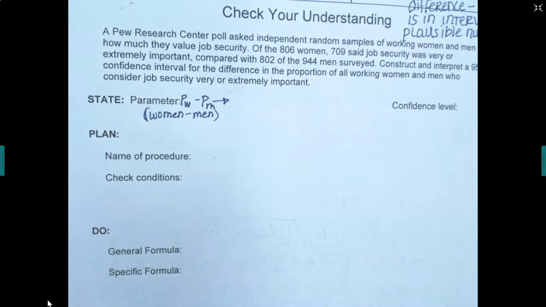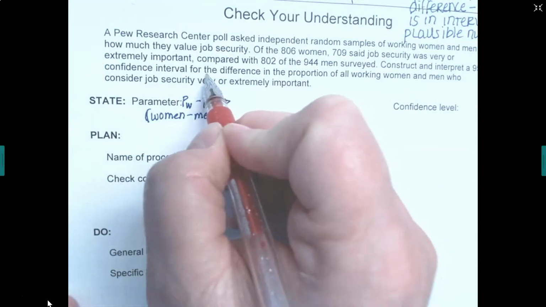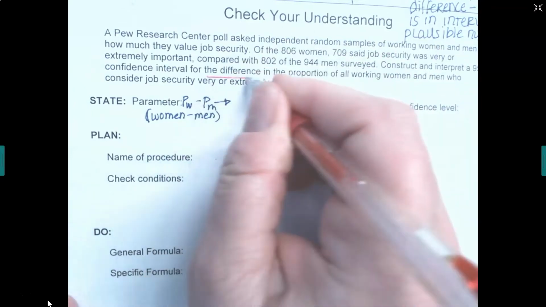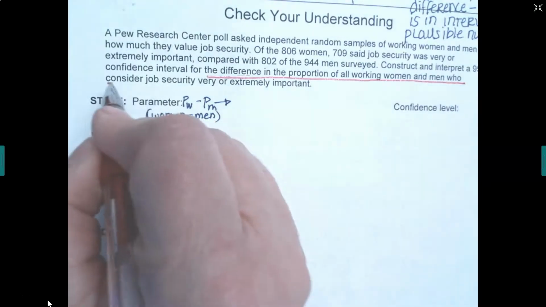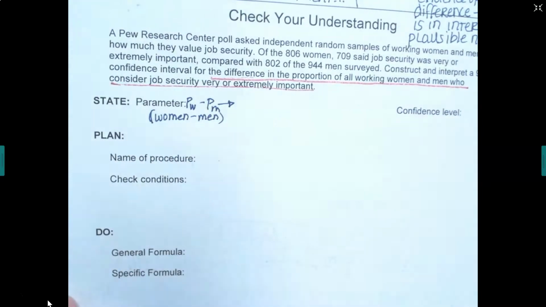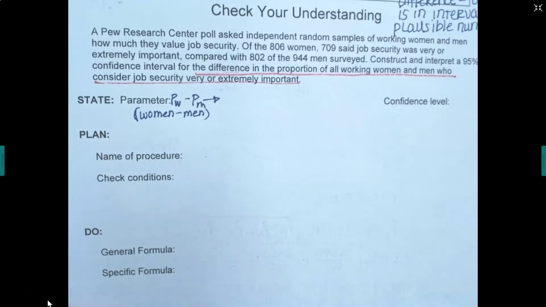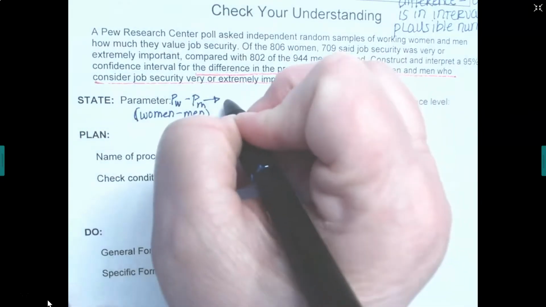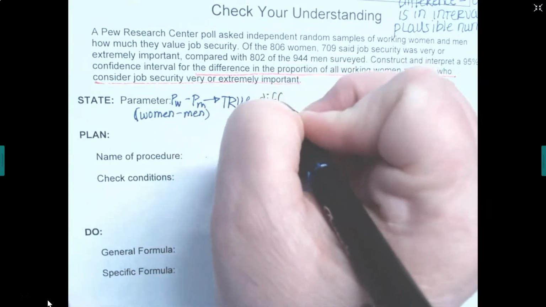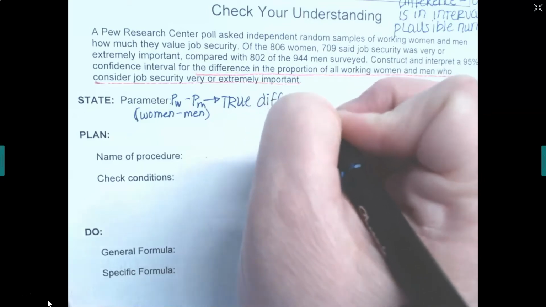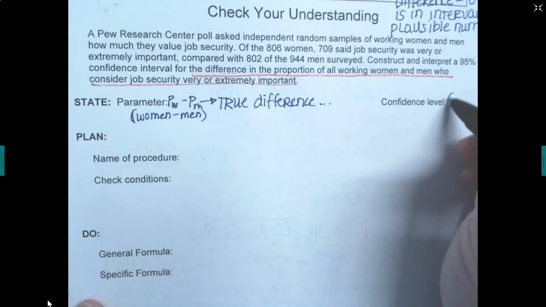And so what that is, you want to rewrite this portion here: the difference in proportion of all working women and men who consider job security very or extremely important. Okay? Right here. And your confidence level, that's just 95%.